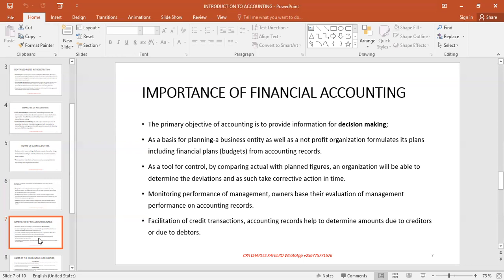goods on credit. Then the other thing, we can use also the financial accounting information as a basis for planning. A business as well as a non-profit organization formulate its plan, including financial plans, in bracket budgets, from accounting records. You base on what you purchased last year, then you can base on that and say, this year we may be having this one, because since it is a forecast, you are just forecasting what will happen in the future.